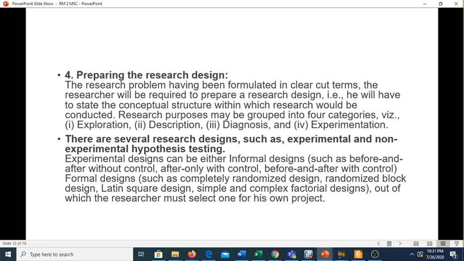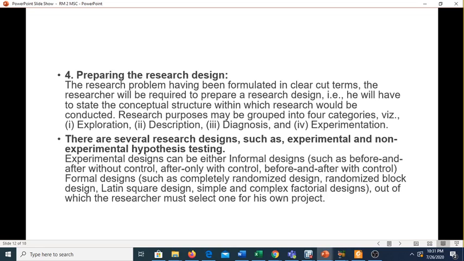Let's carry it forward. The research purpose may be grouped into 4 categories, namely the exploratory category, descriptive category, diagnosis category, and experimentation category. Remember those types of research: exploratory, descriptive, diagnosis, and experimentation.